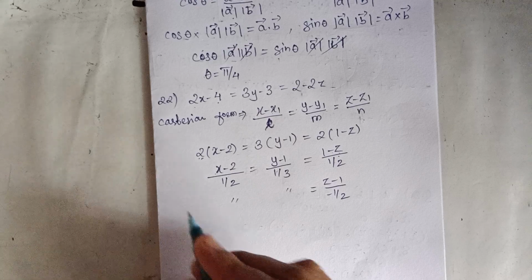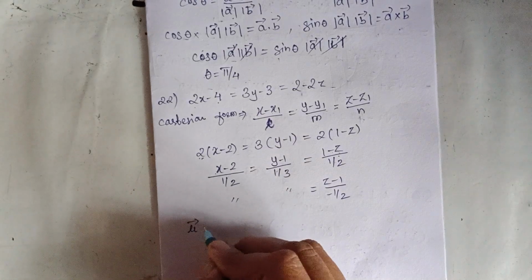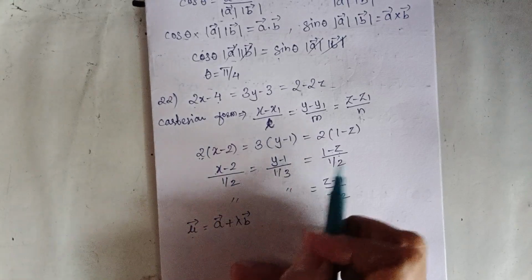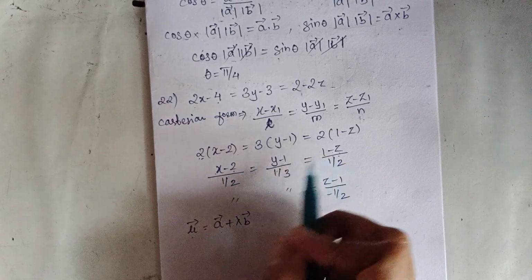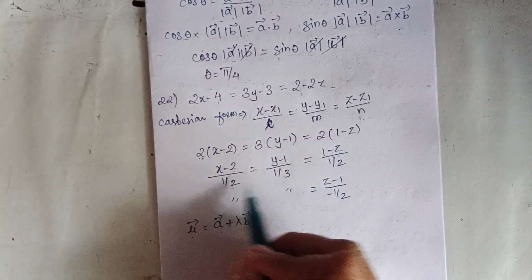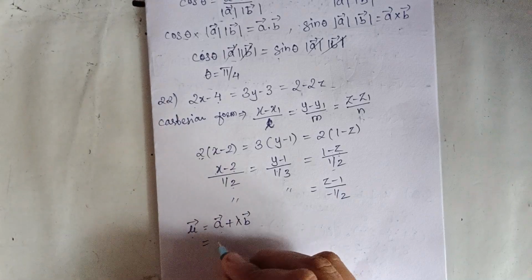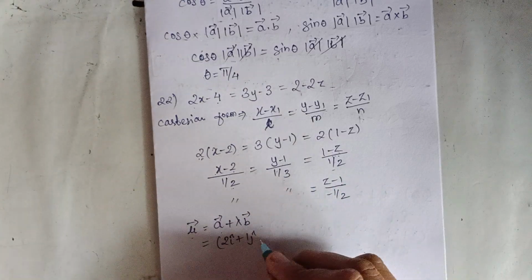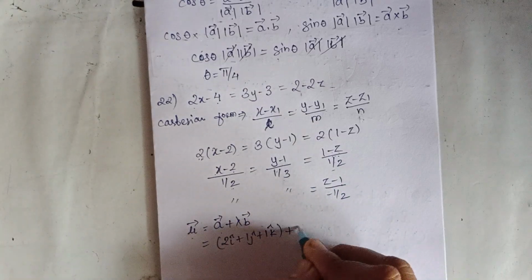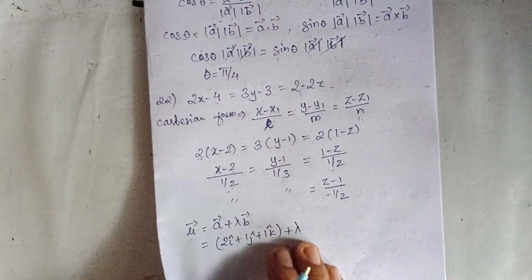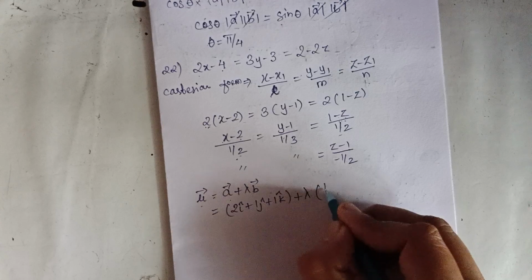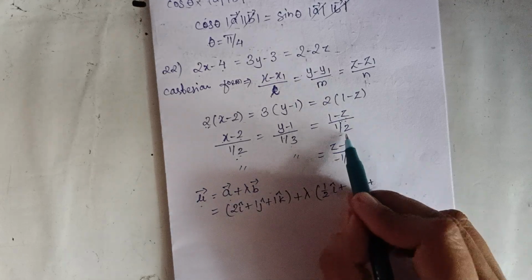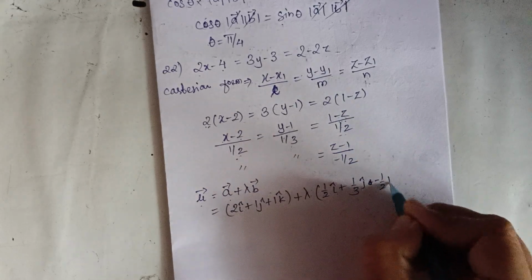So now we have vector equation is r equals a plus lambda b. R is x, y, z. A is this x1, y1, z1 and b is this vector L, M, N. So a vector is our 2i plus 1j plus 1k plus lambda half i plus 1 by 3j plus minus half k.